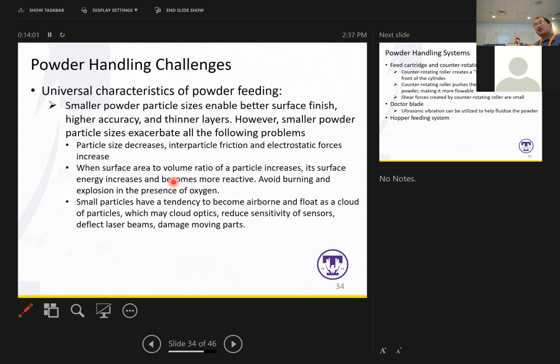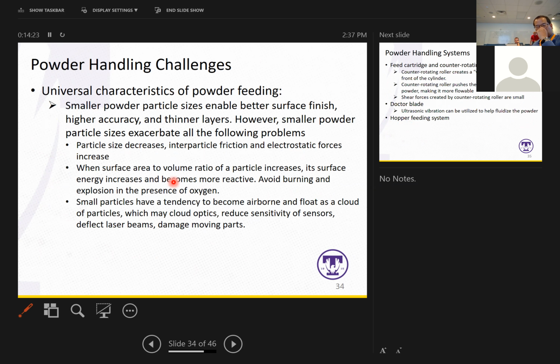So some other challenges, the universal characteristic of powder feeding. Small powder particle size enables better surface finish, high accuracy, and thinner layers. However, this will cause some problems if the size of the powder particle is too small.